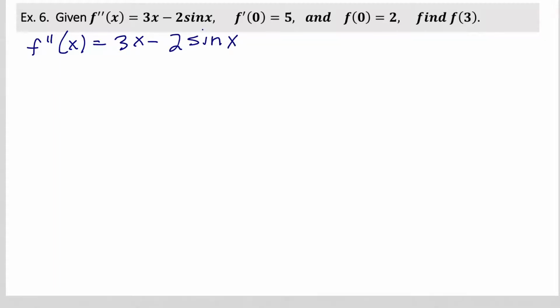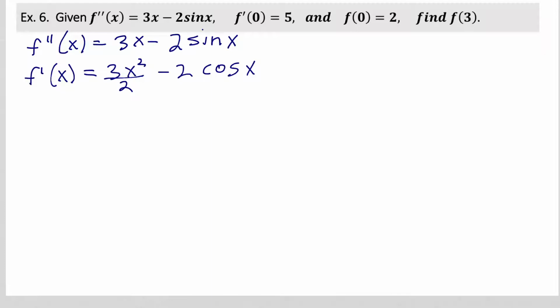So taking the antiderivative of that will get us back to f prime of x. So power rule, raise it up by 1, divide by 2. Now we know this is going to be some kind of cosine, but let's think about the sine here.